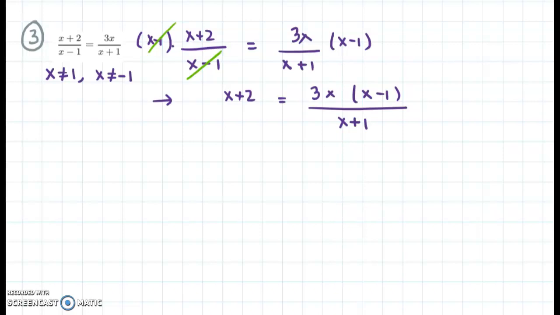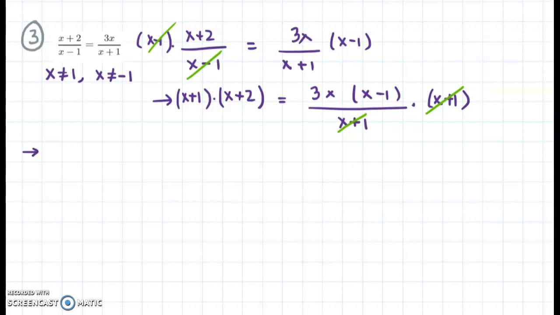To get rid of the x plus 1, I'm going to multiply everything by x plus 1. While doing so, on the left-hand side, notice that I'm adding brackets, so I'm really multiplying everything by x plus 1, and I write it here on the right-hand side, and now I use it to cancel, so we don't have denominators anymore.